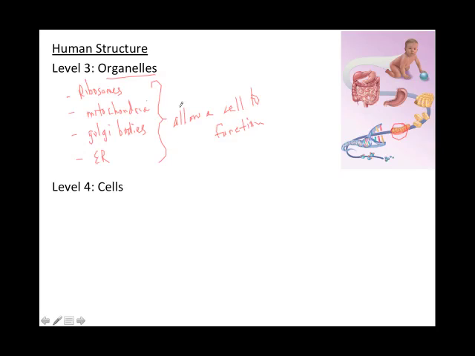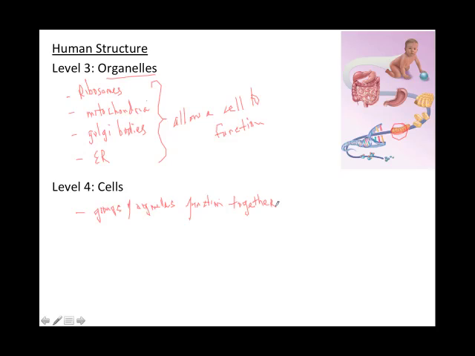And so what we can say then is we have all these different organelles, each with its own different function, yet when they're working together for a common function, then what we have is a cell. We have groups of organelles that function together for the good of the cell. And that's what a cell is.